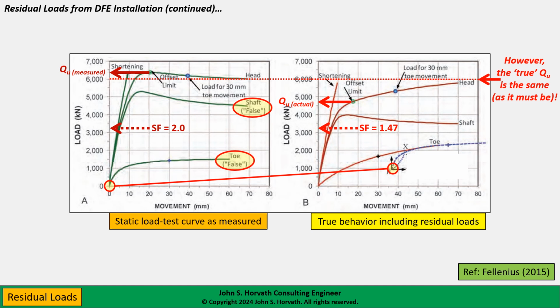Notice that we have to move this DFE in the ground well over 3 inches in order to be able to measure the true geotechnical resistance. We have to get rid of all the drag load that was imparted, in this case, by installation as residual load.